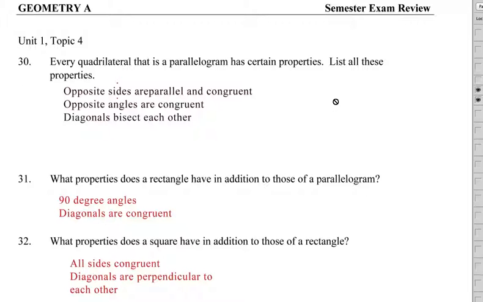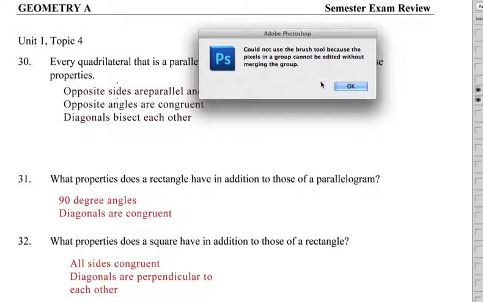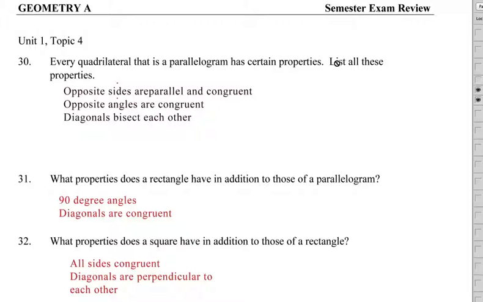And we have diagonals that bisect each other. Okay, let me show you what this means. All right. Well, anyway, you know parallelogram, right? So just remember, opposite sides are parallel and congruent, and opposite angles are congruent. Diagonals bisect each other.